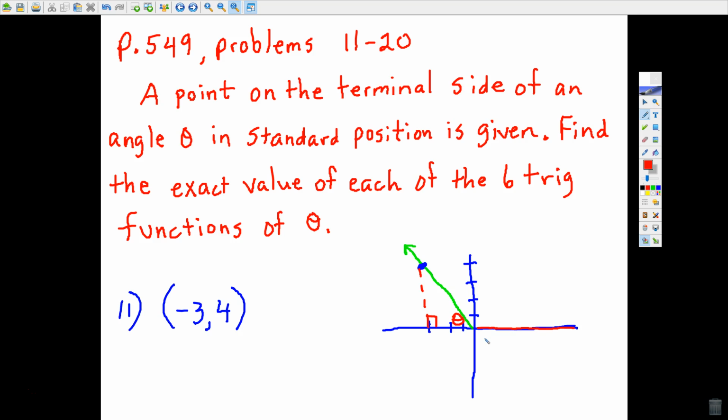Now, if this is the point negative 3, 4, then that tells me that this leg has to be measured at 3 units, because it's 3 this way, and this leg has to be measured at 4 units. So now I just have to use the Pythagorean theorem and find the hypotenuse. So go ahead and do that.